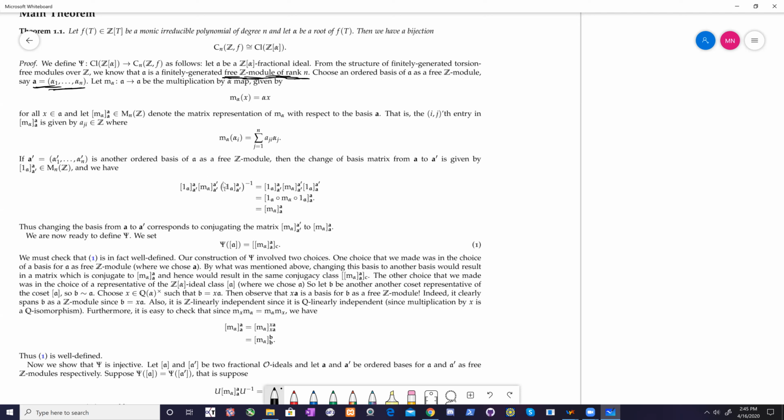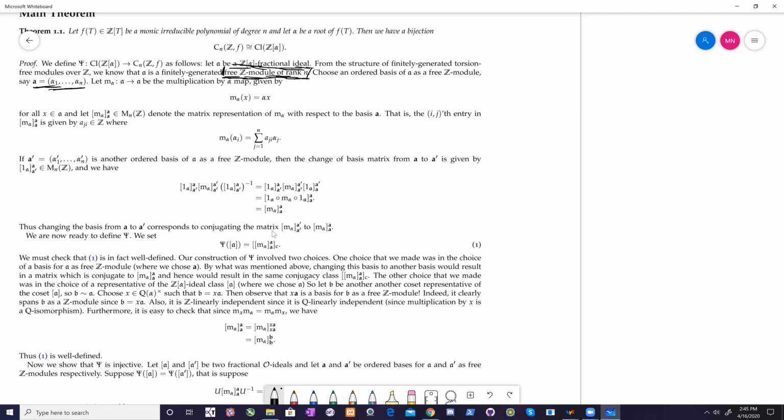This works because of the free Z module condition, a very nice property of fractional O ideals. In other words, changing the basis from bold A to bold A prime corresponds to conjugating this matrix representation to this matrix representation.